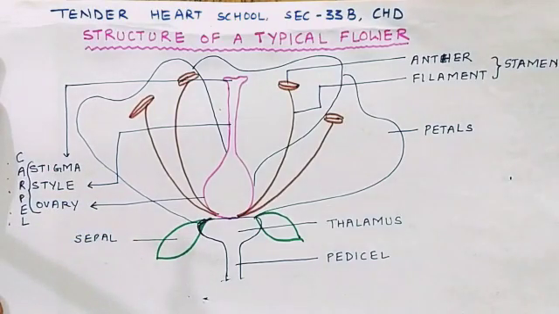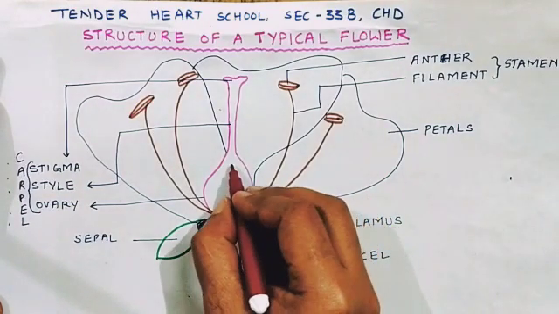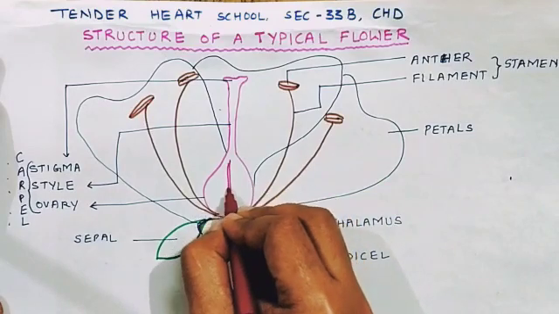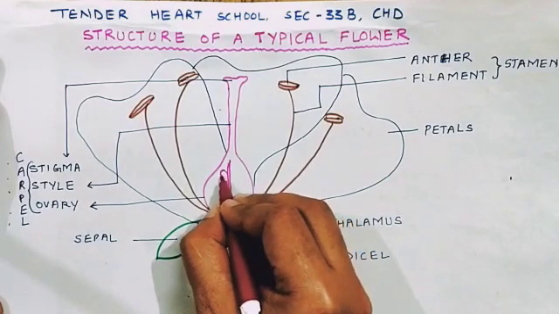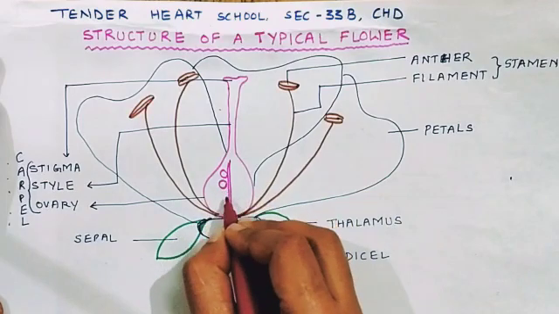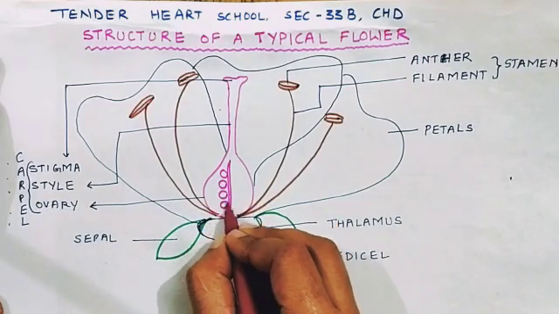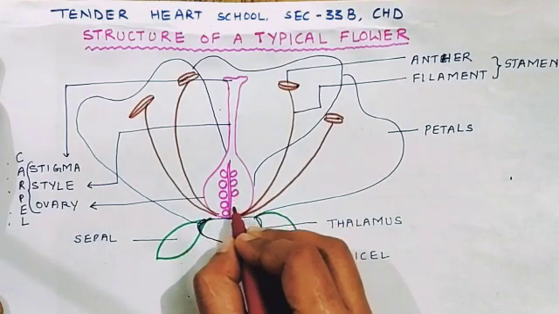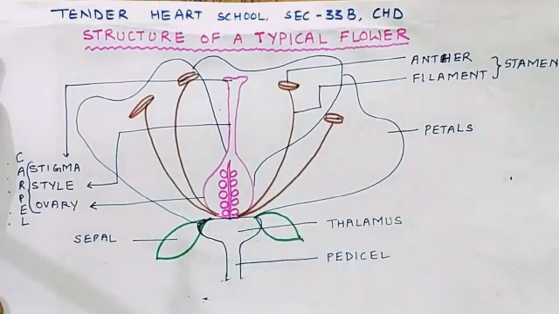Right? Also, you can make in the center of the ovary the female gametes or the reproductive cells, which are called the ovules. So this way you can show the ovules inside the ovary.